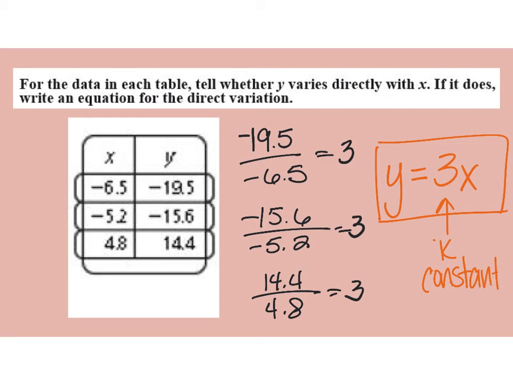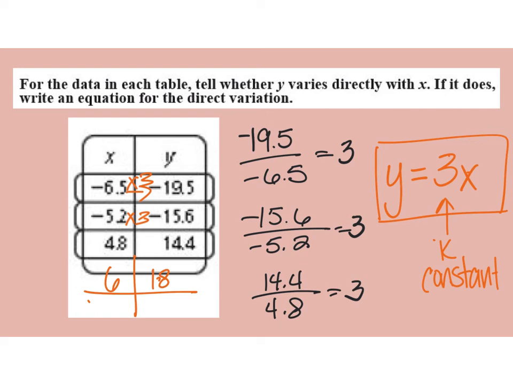But now that we know that we're multiplying across the table by 3, if I wanted to continue my table, I can say, what if my x value is 6? Could you tell me what the y value would be? 18, thank you. And we know that because we would just substitute a 6 for x, right? 6 times 3 is 18.